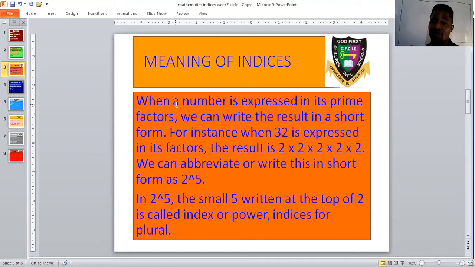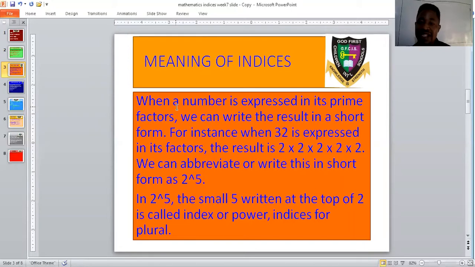I put here that indices is a number expressed in its prime factors when we write the result in a short form. When we write the result of a number that has been expressed in its prime factors in short form, we have expressed that number in index form.